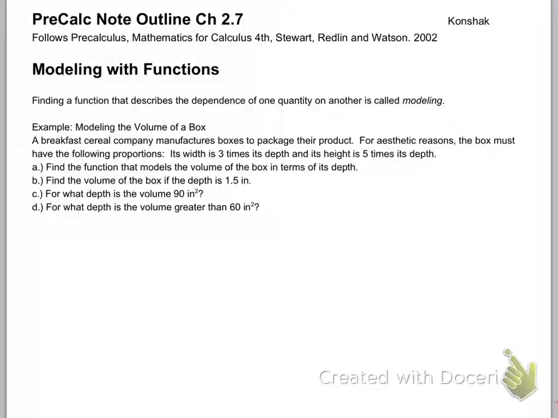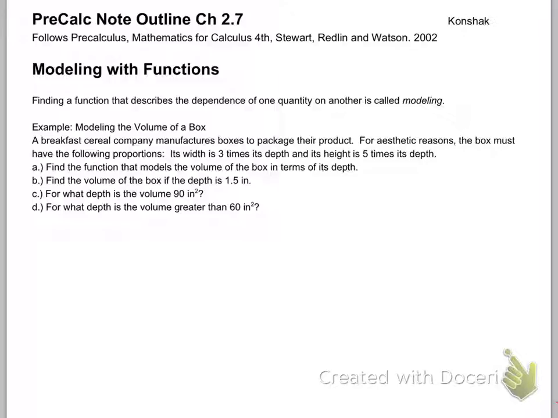What would be the depth if you wanted a volume of 90? And then for what depth is the volume greater than 60 inches cubed? So 4 things that can be done based off of that first initial sentence.